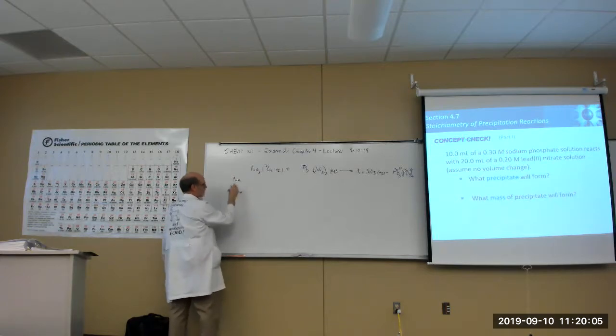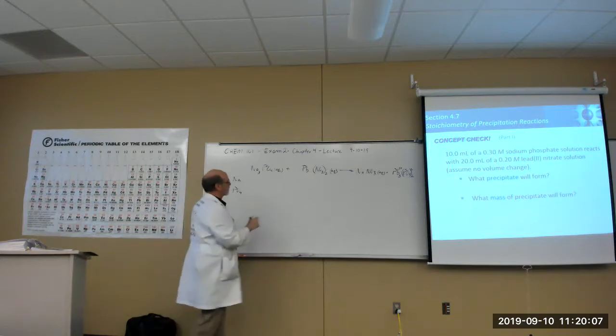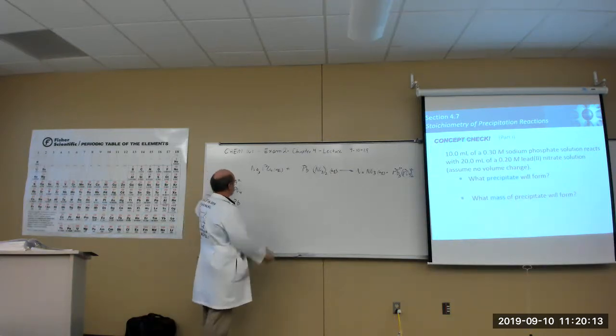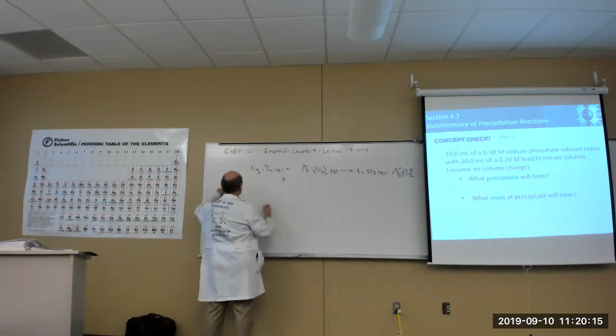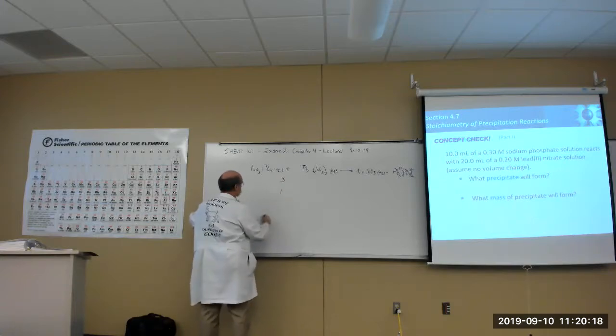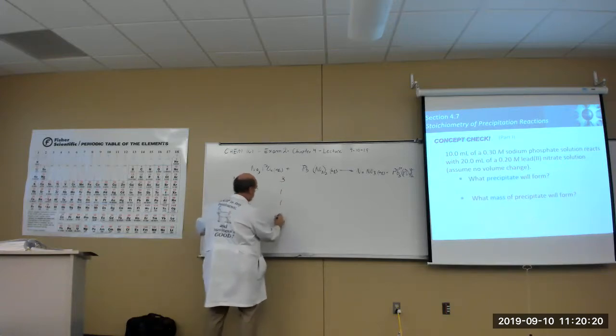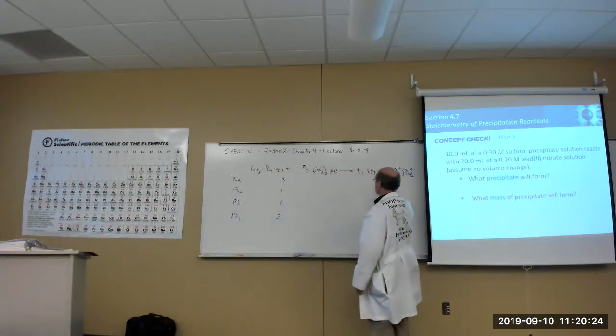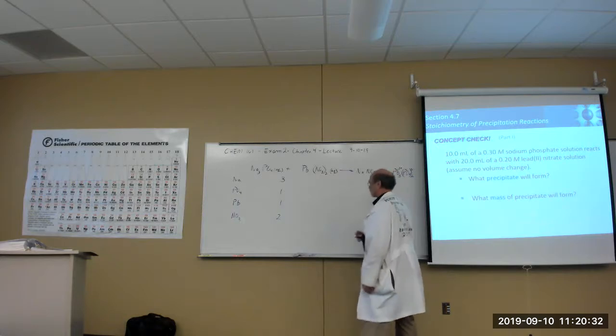I'm not going to write the charge in. Okay, so how many sodiums do we have to start with? 3. Phosphates, we have 1. Lead, we have 1. And nitrates, we have 2. Now on this side, we have 1 sodium, 2 phosphates, 3 lead, and 1 nitrate.